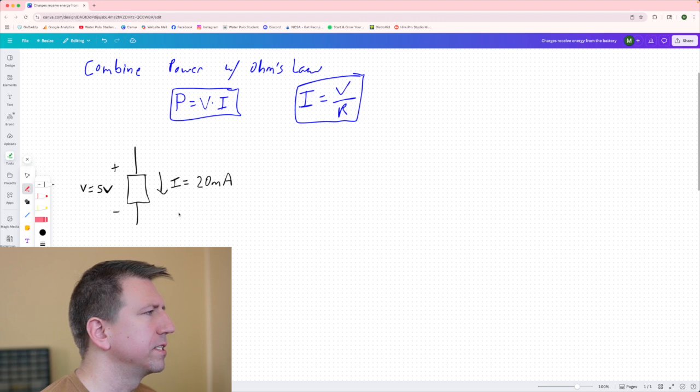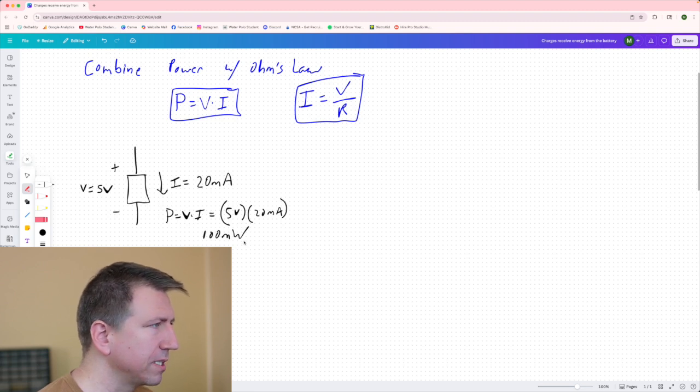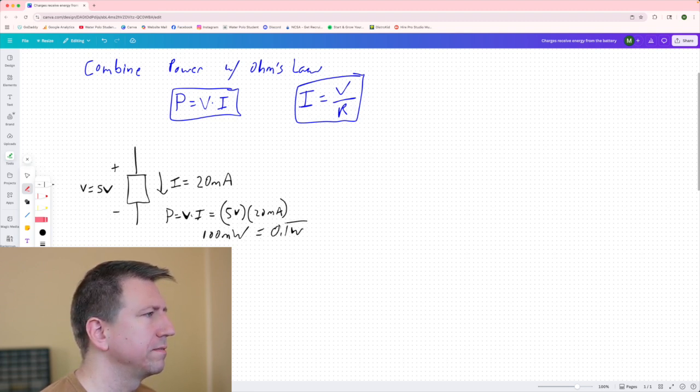And so what is the power delivered here? So P is just V times I, and so that's going to be equal to 5 volts multiplied by 20 milliamps, giving us 100 milliwatts, or 0.1 watt. Okay, so that's using the power equation just how we expect it to be used.